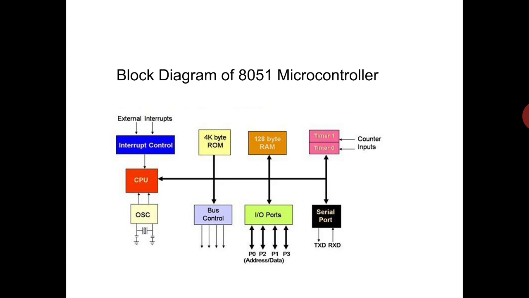Internal interrupts are generated by various blocks like the timer block and serial communication block of the microcontroller. It is also responsible for servicing multiple interrupt requests by checking their priorities.